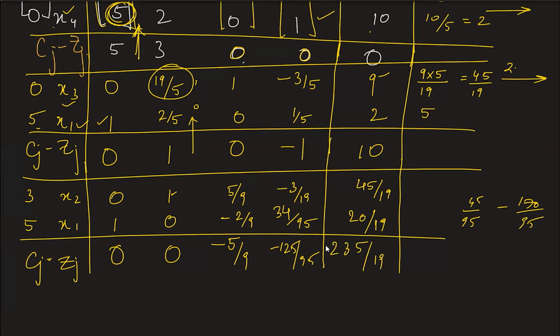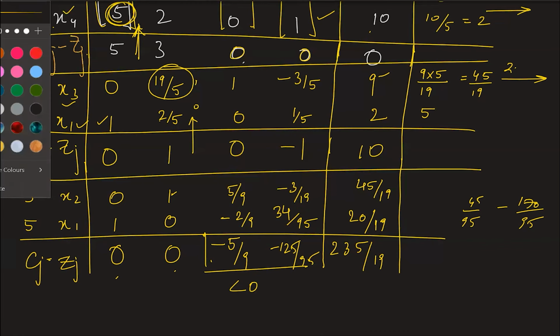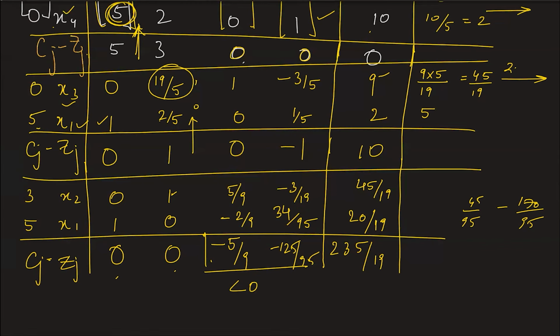Now, as we can see, there is no variable that will enter anymore because these values are negative. Only non-negative and the highest value can enter. This is a basic variable. So these have zero values. These are negative. So this means that the simplex algorithm will now terminate.